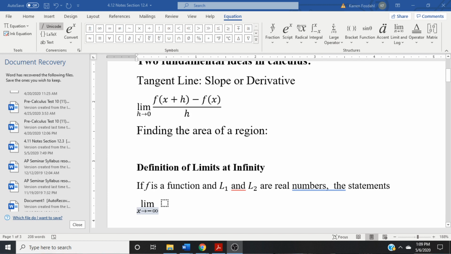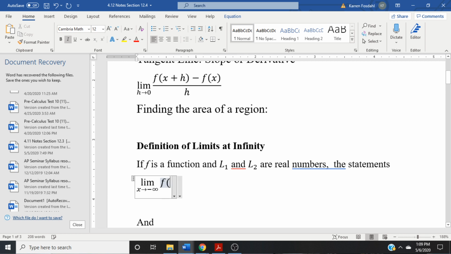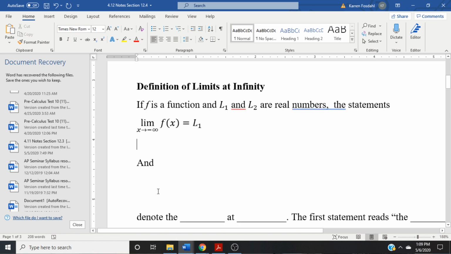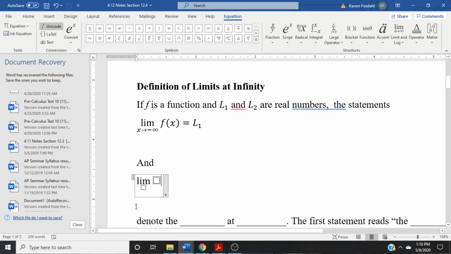So the limit of f of x as x approaches infinity equals L1. Oh, that is brilliant. It makes life easier. I just learned an easy way of writing subscripts. But I still don't know how to do this without.